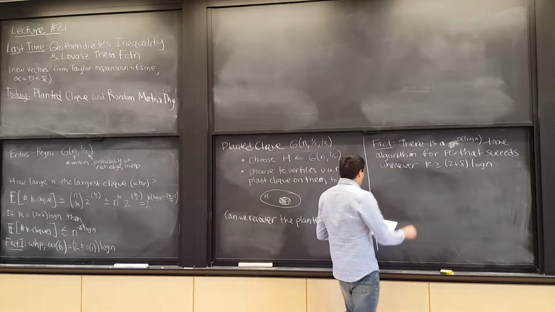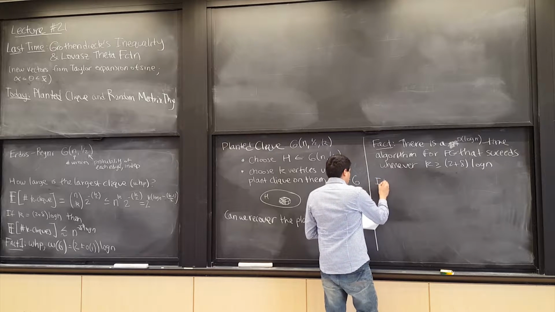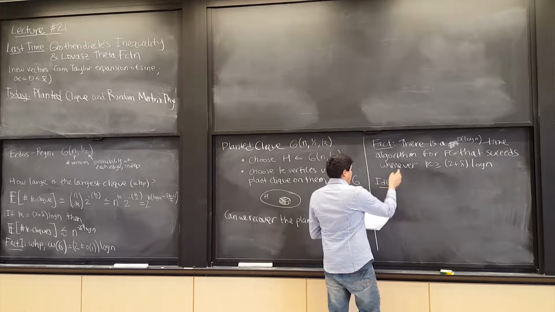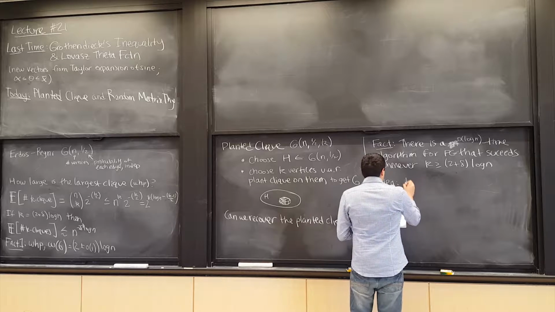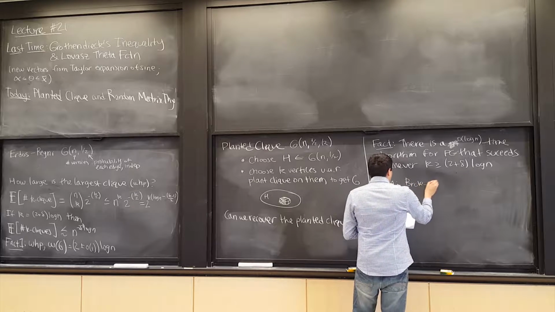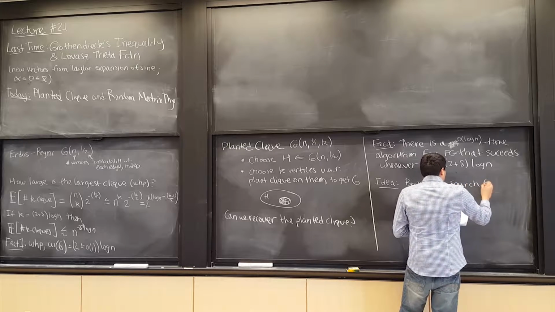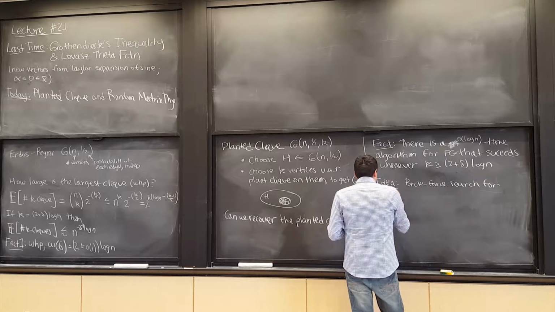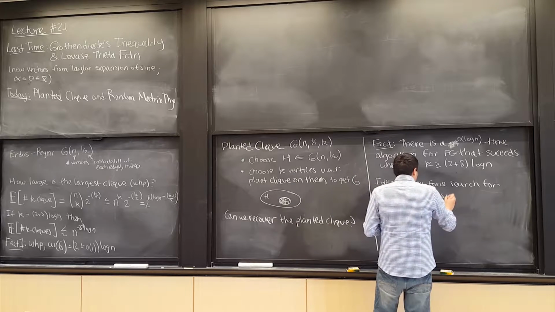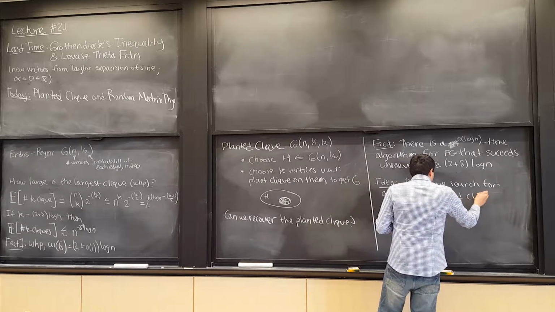So I'm not going to go into the full details of this, but the idea behind this fact is all you're going to do is brute force search for a 2 plus delta, or 3 log n, whatever you want, size clique.